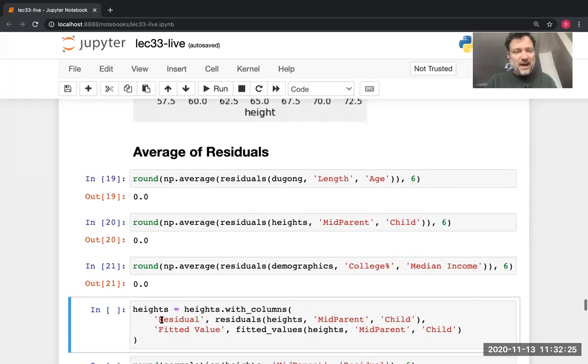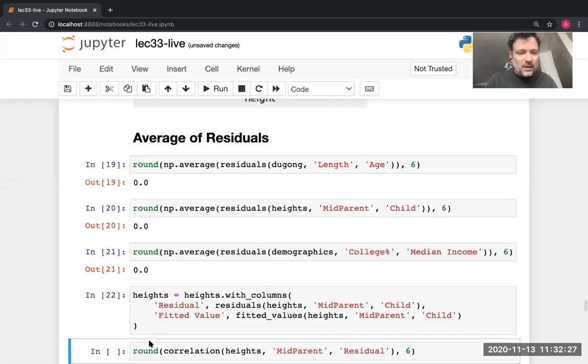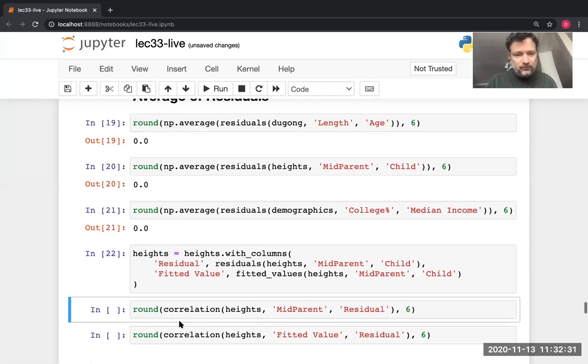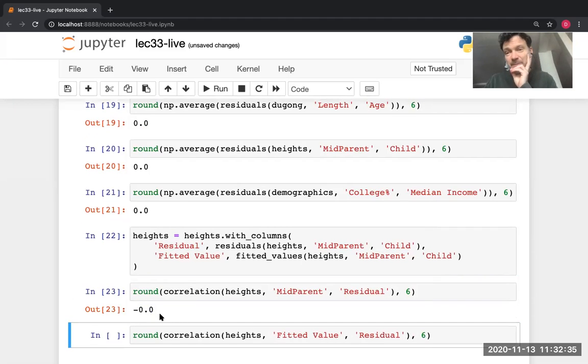Okay, here's another pattern. If you take the correlation, suppose we took this residual plot, not the original data, but the plot of the residuals, and we compute the correlation coefficient for that. Okay, so that's what we did.